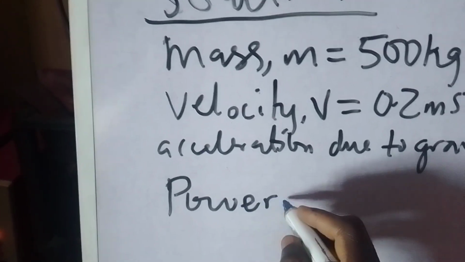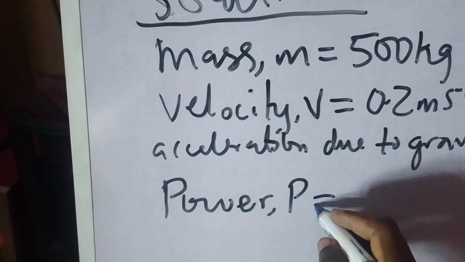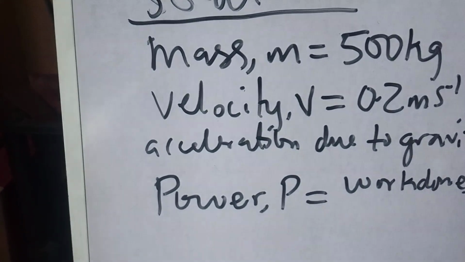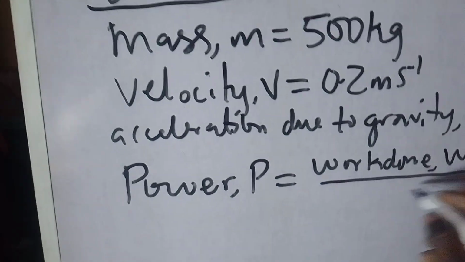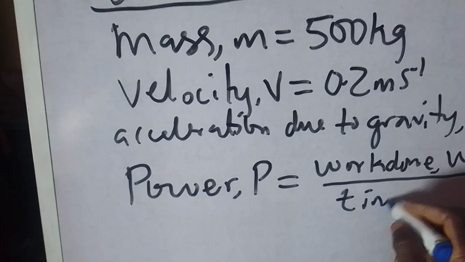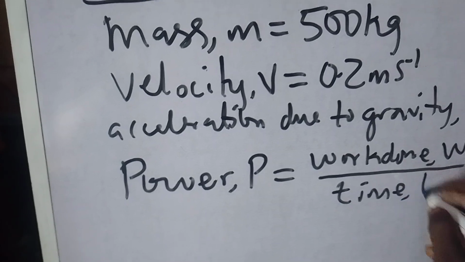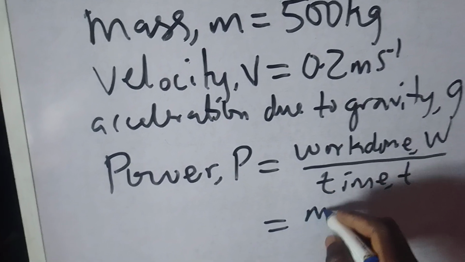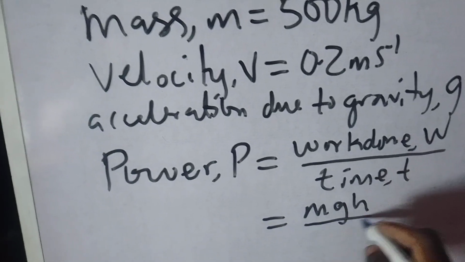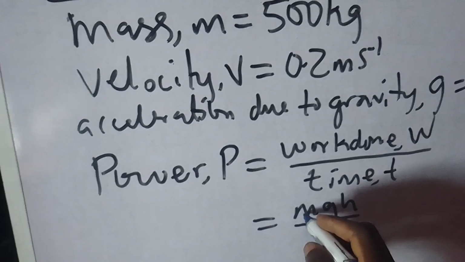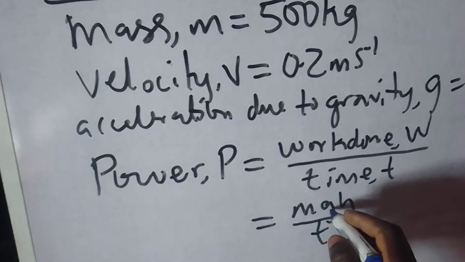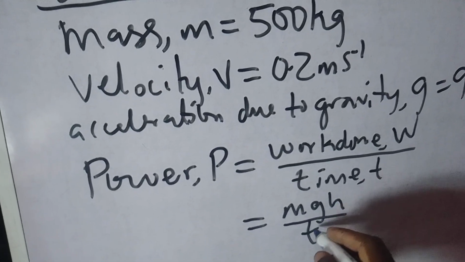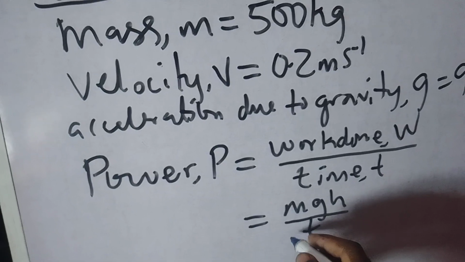and power P is calculated as work done, which is W, divided by time T, and work done is calculated as mgh over T, where m stands for mass, g stands for acceleration due to gravity, and h stands for height, while T stands for time.